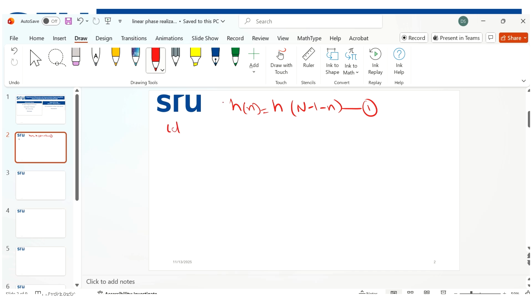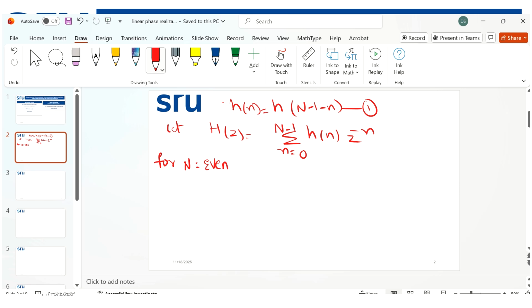Now let us consider H of z, which is the z transform of the impulse response, that is, h of n into z power minus n. Between n equal to 0 to N minus 1, we have N values, which can be odd as well as even, right? So let us consider N as an even value.